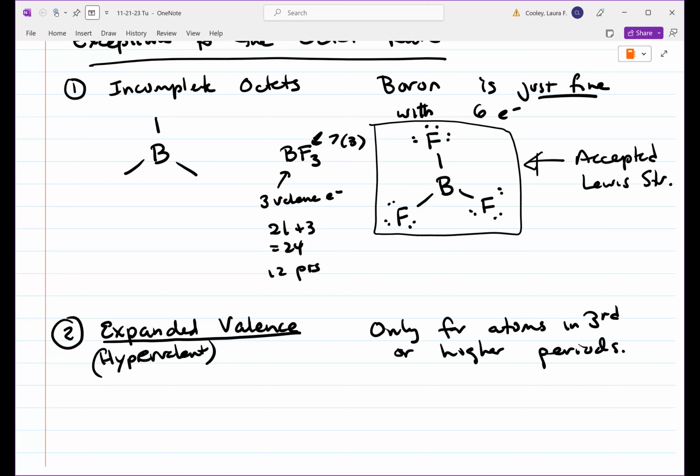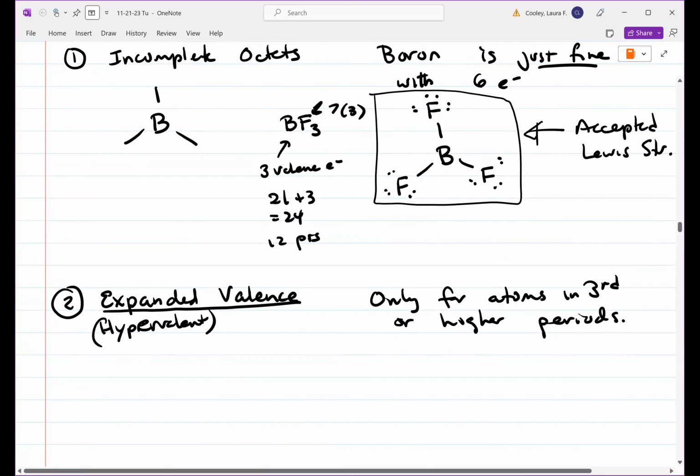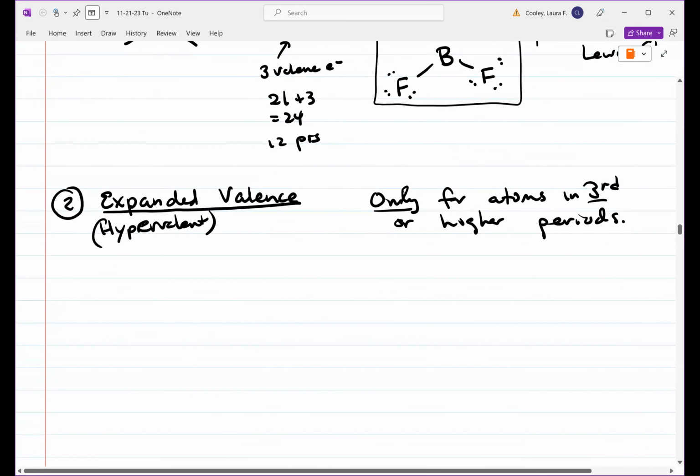All of those atoms that we use for Lewis structures all the time, like oxygen, nitrogen, carbon, fluorine, things like that, you can't do this with, okay? So this is only if you have atoms in the third period or higher. And what happens with expanded valence is that you can have more than 8 electrons.